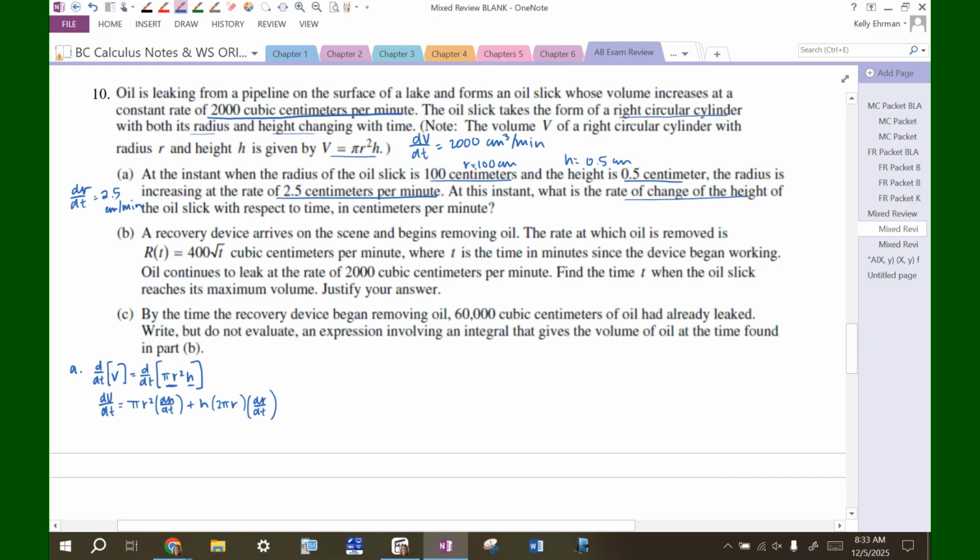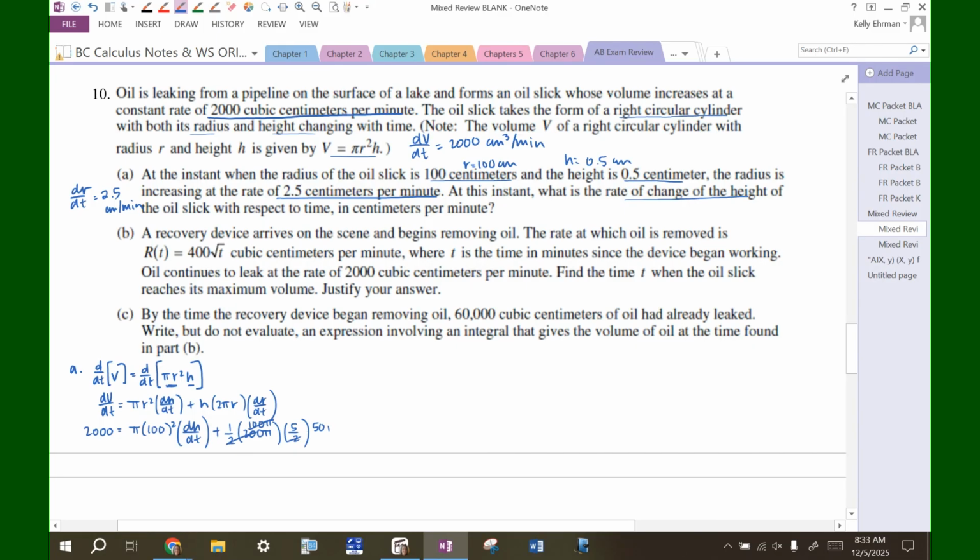Now you can sub in numbers that you know. dV dt is 2,000. Pi times r is 100, 100 squared. We don't know dH dt. Plus h is 1/2 times 2 pi times 100, 200 pi, times 2.5, 5 over 2. All right, this is 100 pi.